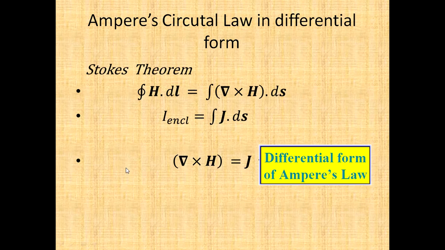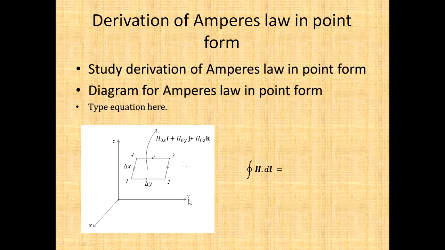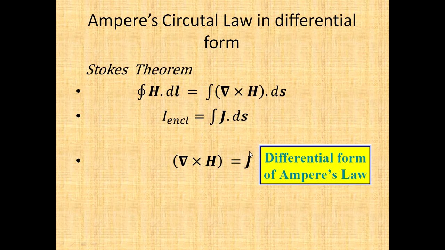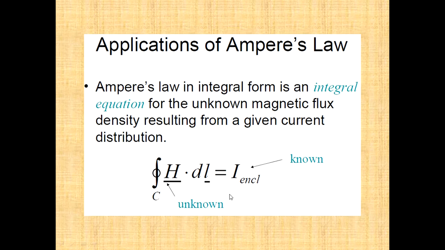To derive this, we use this diagram and calculate for all three surfaces. On one side we get the curl quantity, and on the other side we get the total current flowing through the surface. This expression is called the differential form of Ampere's law, because del is a derivative operator.